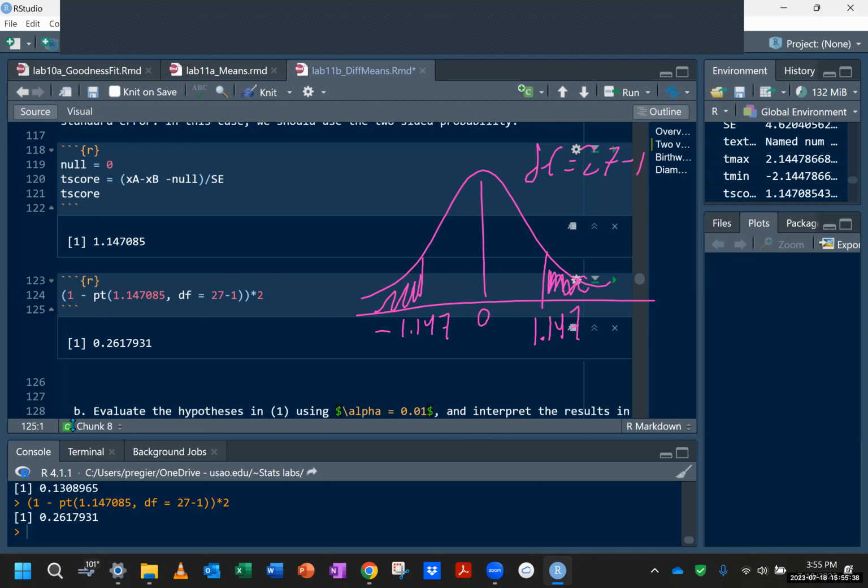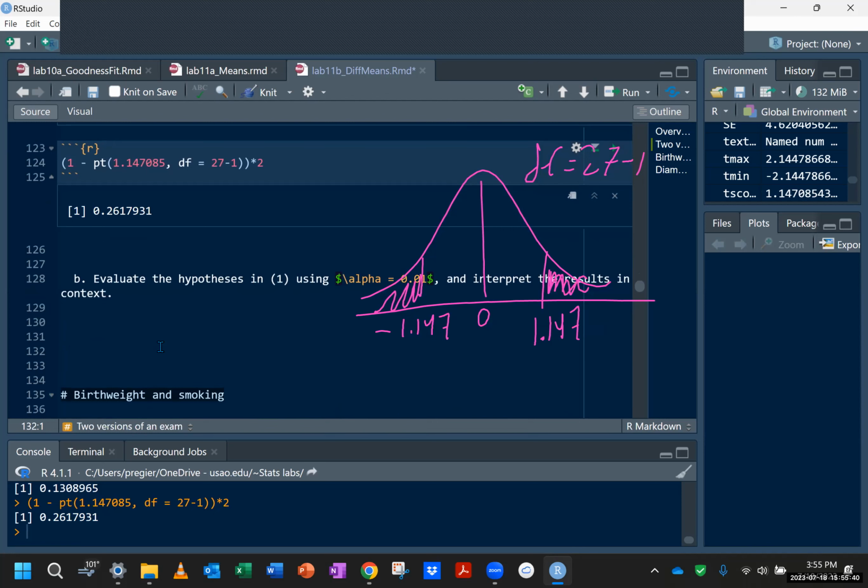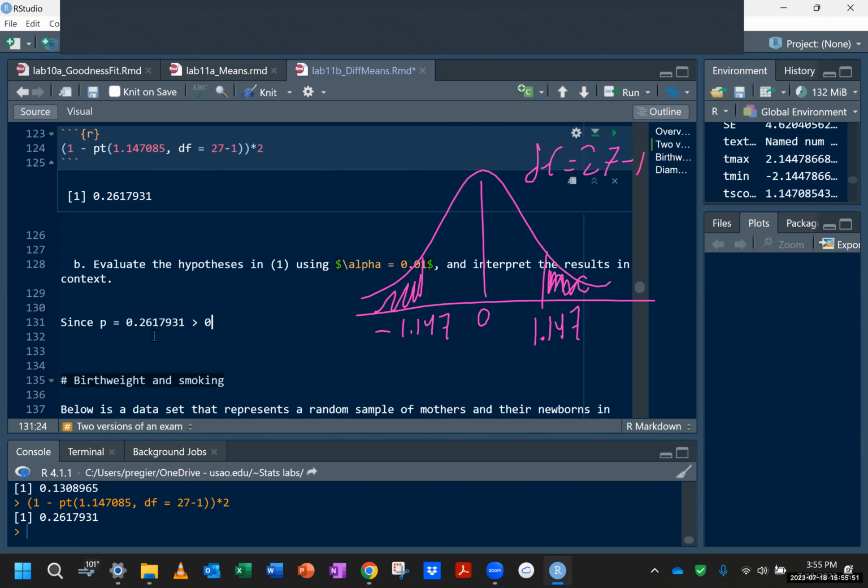So we got a p-value of this, which is greater than, I think we're looking for a 0.1 significance level. We sing the song: p-value getting too big, no evidence for the alternative.